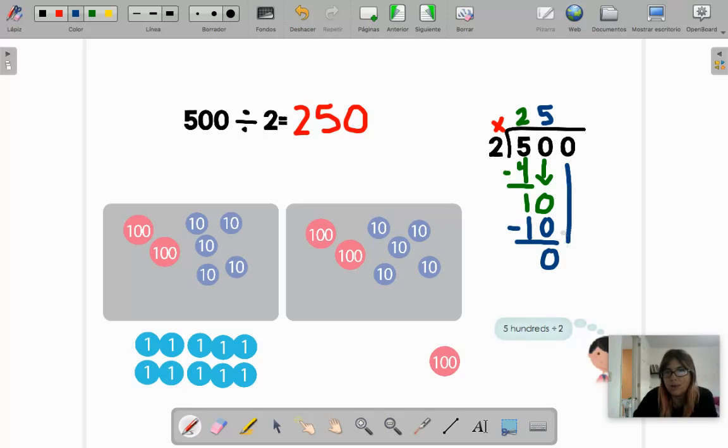Bring down. Okay, even if it's a 0. Because then this is an important part. Even if it's a 0, some boys get confused and say, but I don't have anything left, Miss Moni, so I am finished. No, we are not finished. Because you need to have a number on top of here, a number on top of here, and a number here.